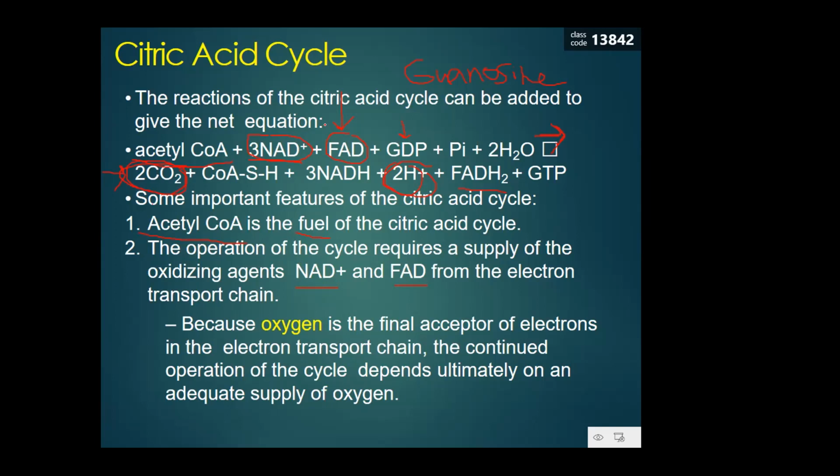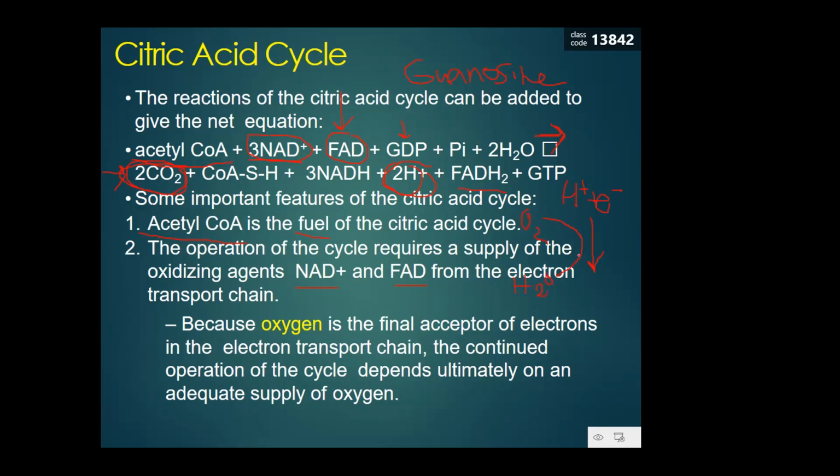Ano pa? Sa citric acid cycle, after that, di ba, maglalabas ka ng hydrogen plus. Correct? Maglalabas ka ng hydrogen plus. Tapos last week, dinrawing natin yan na ganito. H plus electron. Di ba? Merong arrow. Sabi ko, nung nakaraan, there is a bypass of oxygen converted into water. Di ba? May ganyan na step tayo last week.